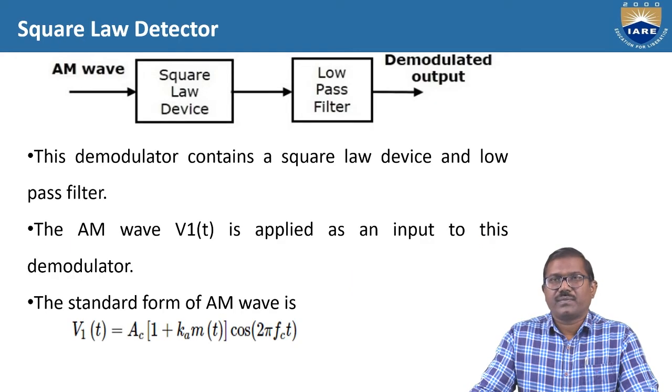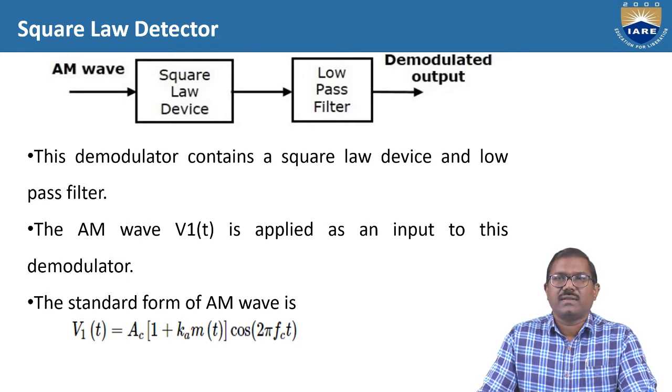So this is the picture of the square law detector. It contains a square law device and low pass filter. The standard form of AM wave is V1 of t equals Ac of 1 plus Ka m of t cos 2 pi fct. This is the modulated signal, or AM wave, which is applied to the square law device.